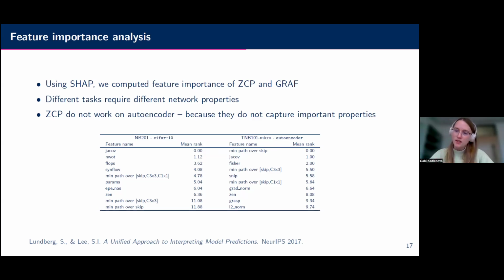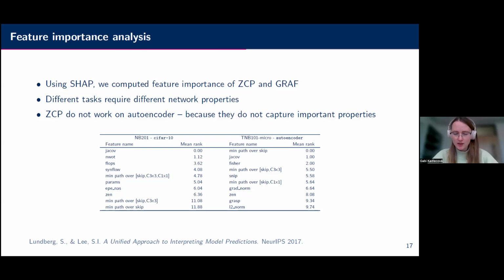This is also consistent with some line of related work where, I should have put the paper here, basically the more skip connections the architecture had, the better it was, even though for the other tasks like CIFAR-10, the more convolutions there were, the better usually the architecture was.